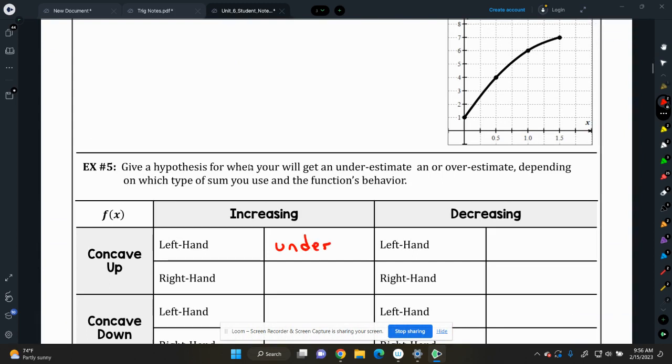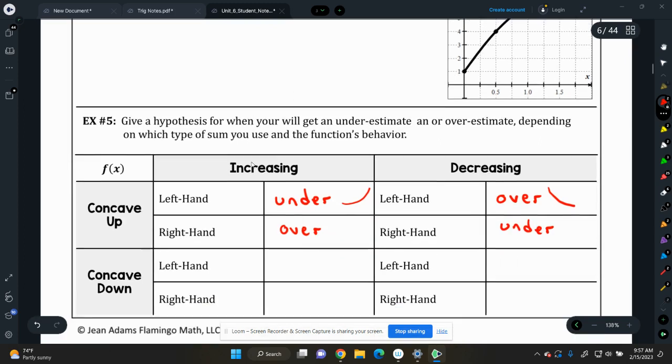If it's a decreasing function, it'll be an overestimation. So if I'm going up like this, it's an underestimation. If I'm going like this, it's an overestimation. If it is the right-hand approximation, then we will have the opposite.